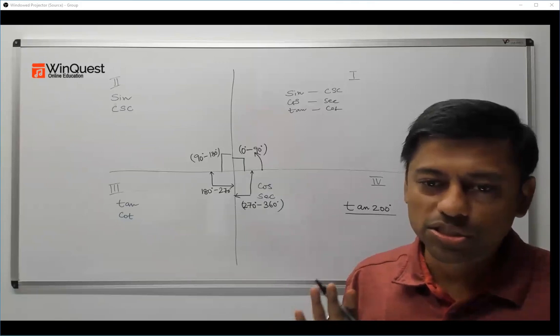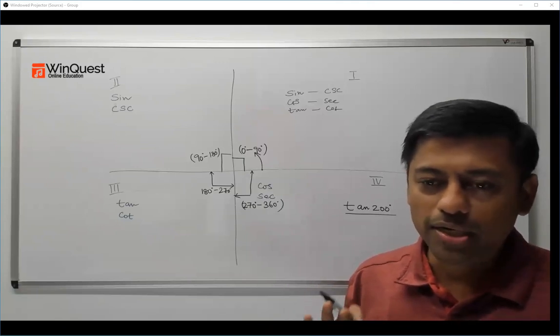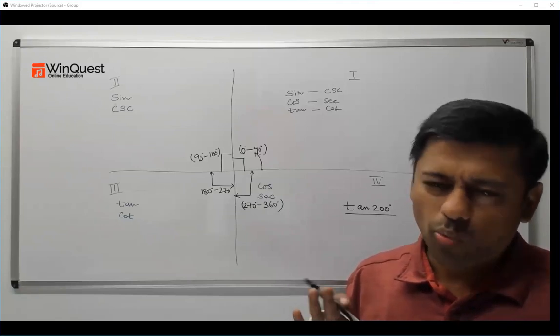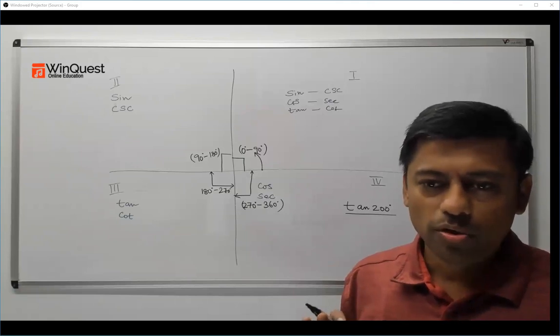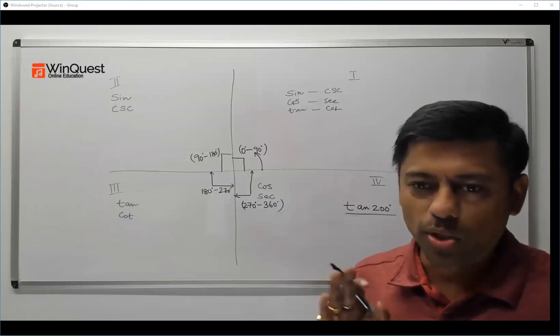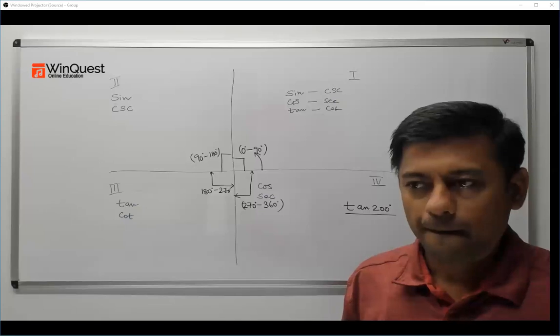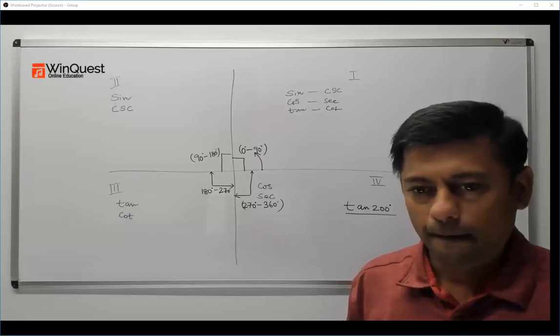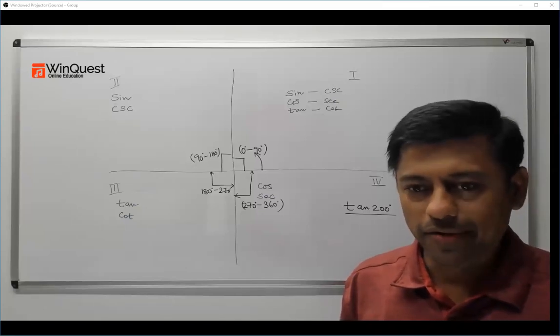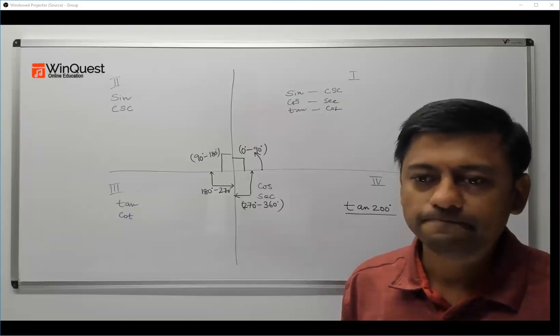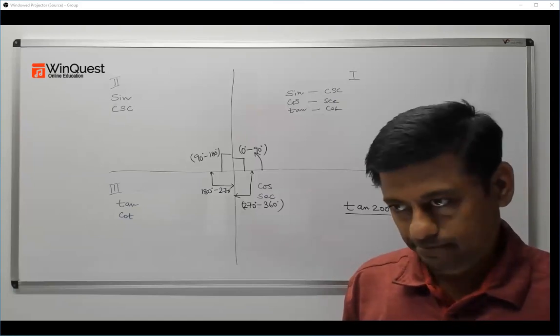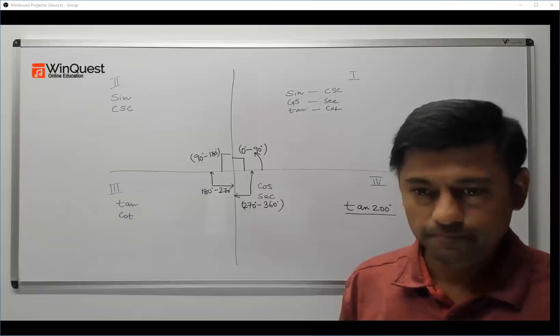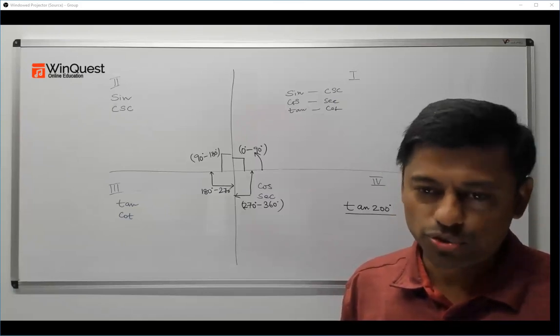That means the first thing is sure: tan of 200 degrees, whatever the value, will be a positive value. Is that okay? Are we all sure? Yes, you should be sure.